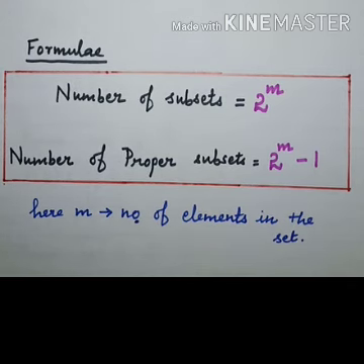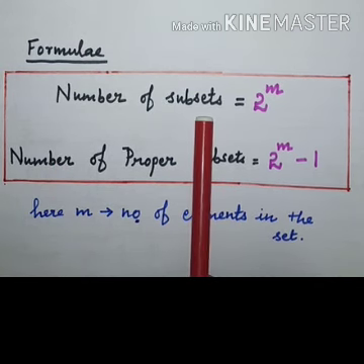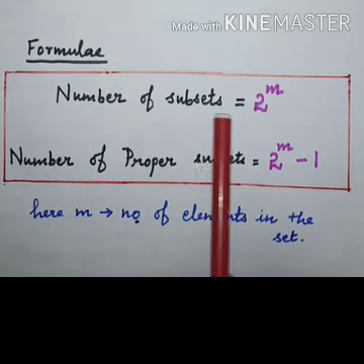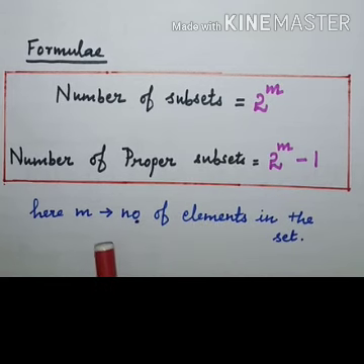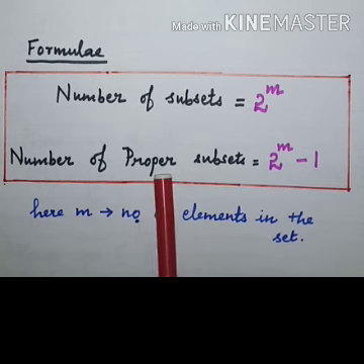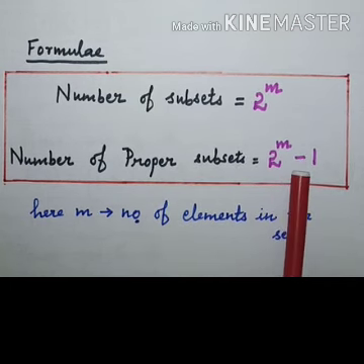Before entering into the next sum, we are going to see one formula, that is the number of subsets. The formula to find the number of subsets is 2 power m, and the formula to find the number of proper subsets is 2 power m minus 1.